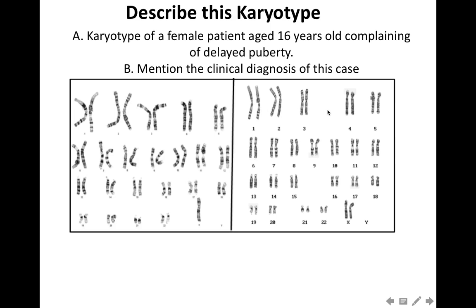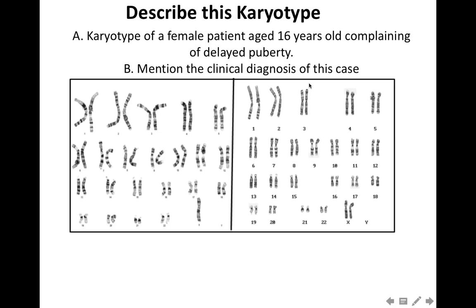In this karyotype, you have a pair of all chromosomes, and you have 2 X chromosomes. So this is a normal karyotype of a female, 46, XX. So this female is a mosaic, having a proportion of her cells like Turner syndrome, 45, X, and a proportion of her cells that are normal, 46, XX.